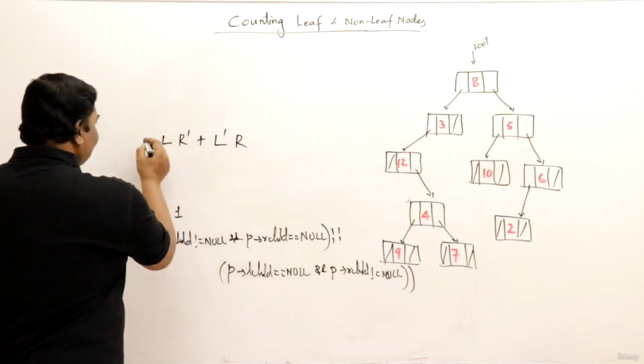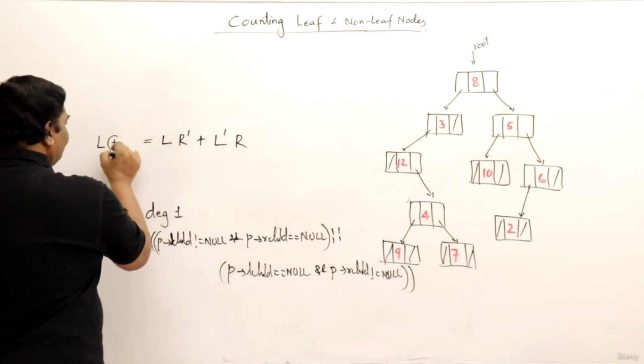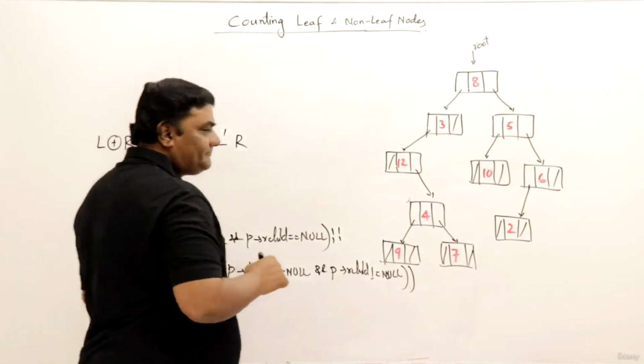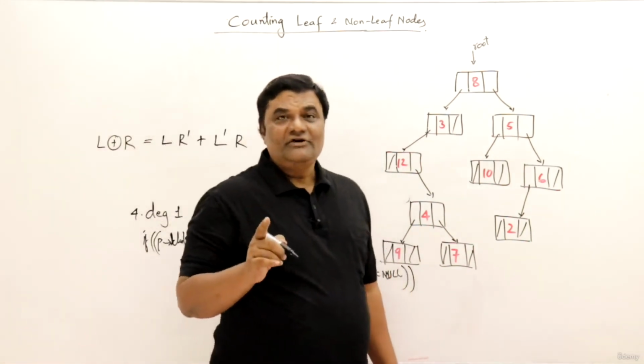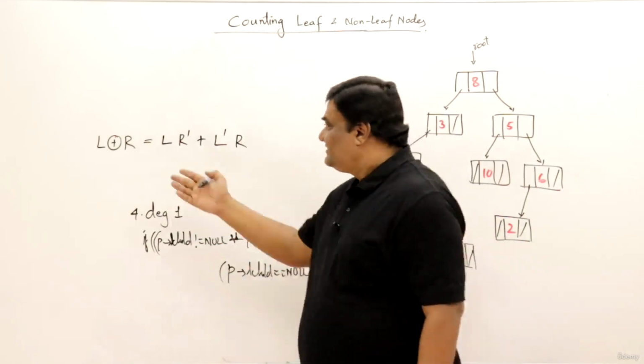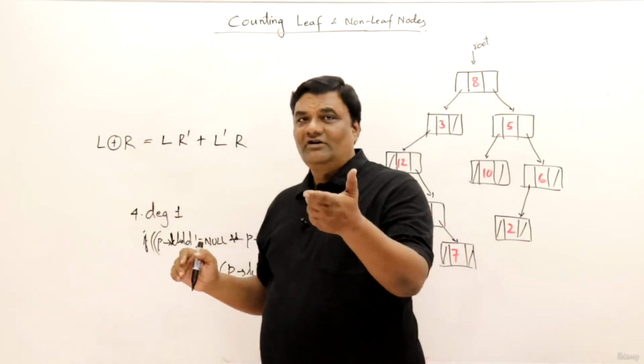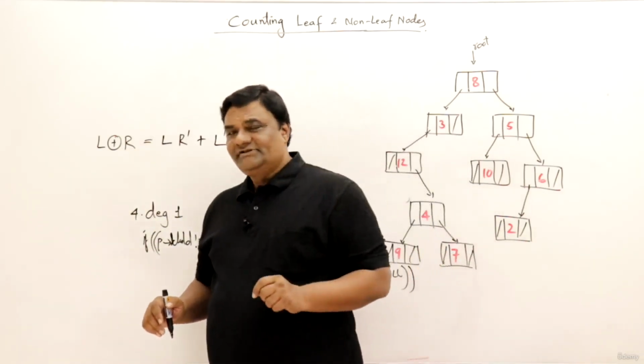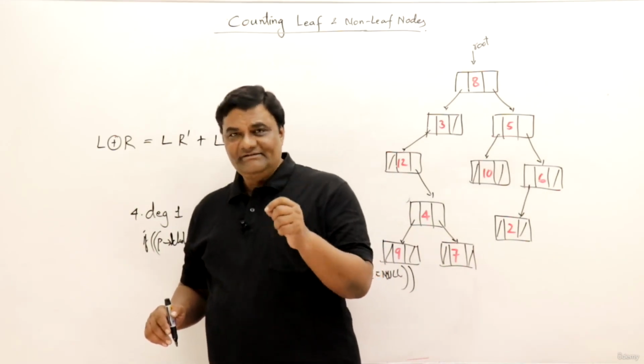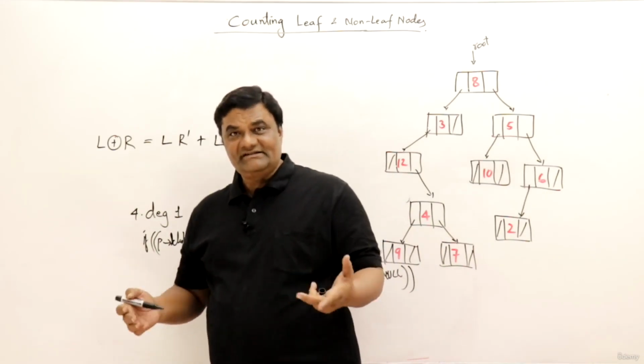So what is this? This is nothing but L exclusive or R. Left and right are exclusive or. Is there any exclusive or operation in C, C++ like languages? Yes, they have.